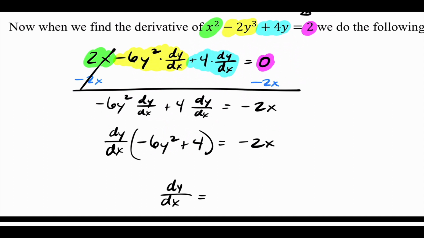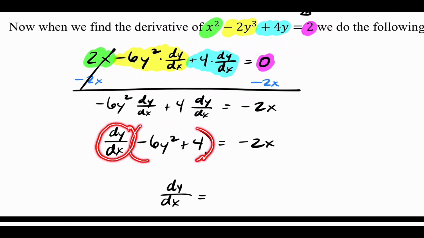You guys have done that before. That's just the GCF. I'm just factoring out the GCF. Now it's multiplication, right? Now it's dy dx times negative 6y squared plus 4.